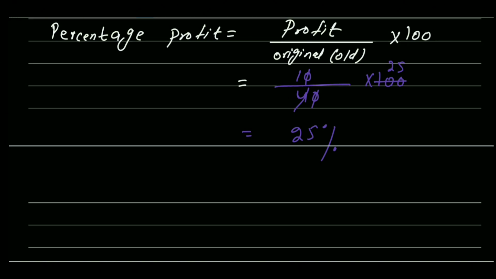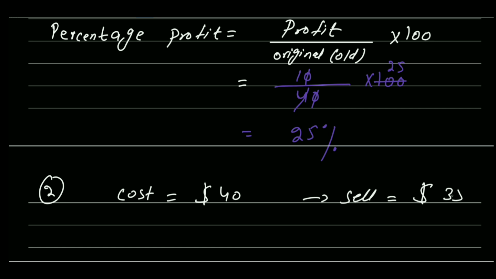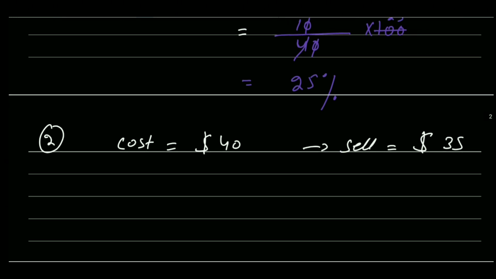If the cost is $40 and the selling price is $35, how do we find the percentage loss? If the cost is 40 and the selling price is 35, it will be a loss.